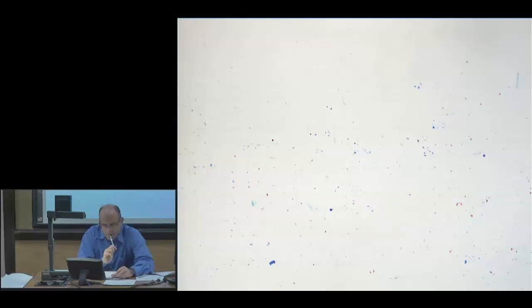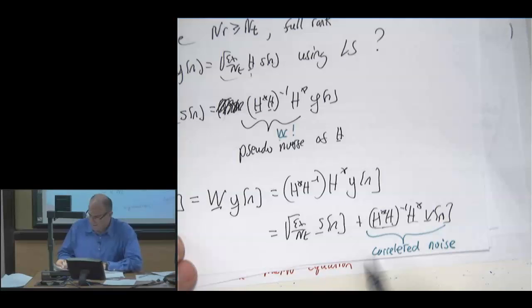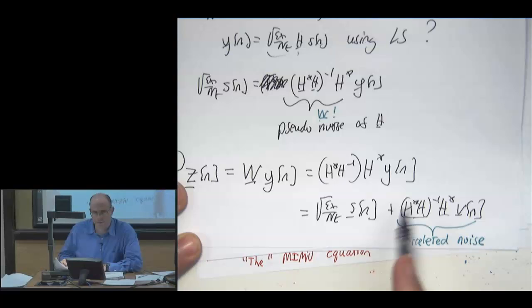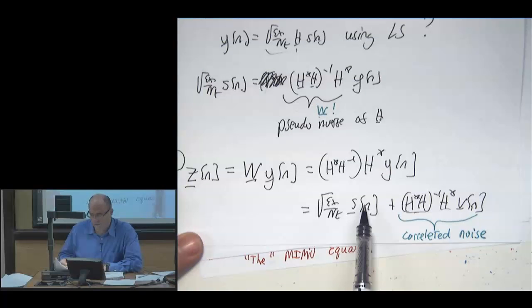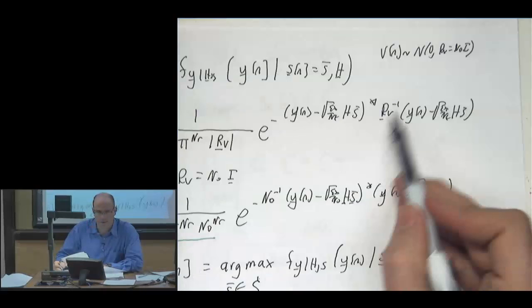If you were to do maximum likelihood detection on this vector here, it would actually have the same performance, but it wouldn't simplify, because you'd end up with a noise covariance that doesn't simplify.